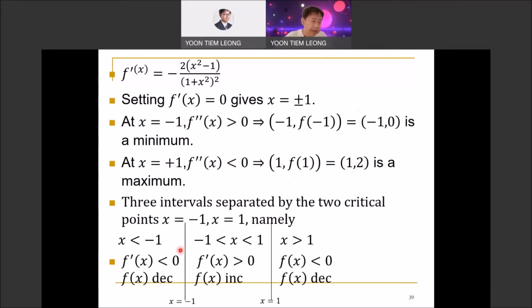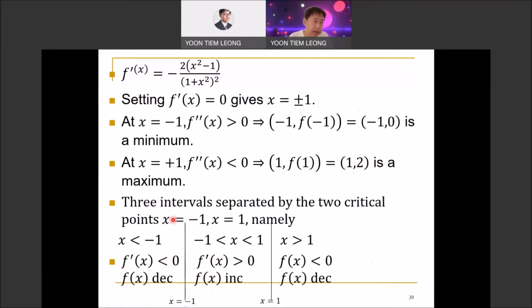You would then separate the regions of the function into 3 parts, separated by x equals minus 1 and x equals 1. So for x less than minus 1, the function is decreasing because f prime on the left hand side of minus 1 is negative. Now, how do you see it?